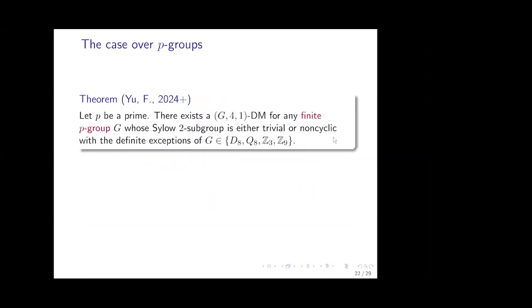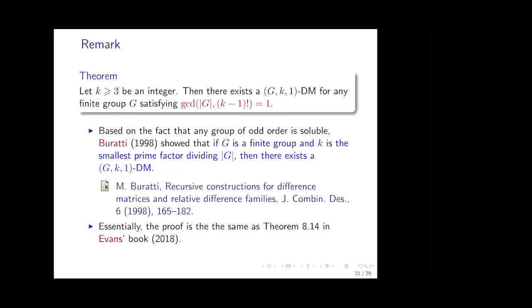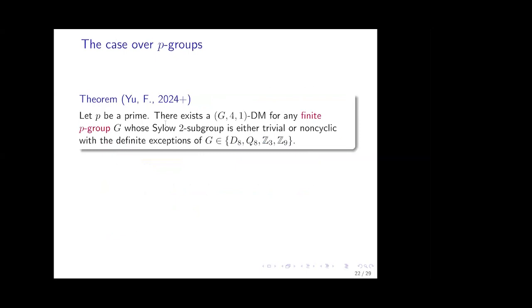Actually, I'm trying to do this problem, and I observed the above theorem only 3 months ago. And recently one of my PhD students, Shikang Yu, and I completed the case for finite p-groups.